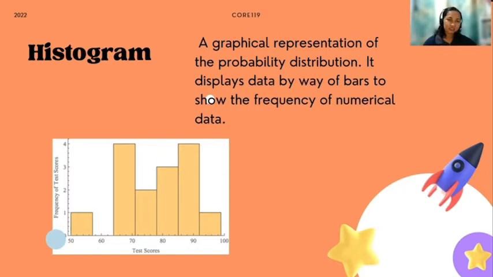So, a histogram indicates distribution of non-discrete variables, while a bar graph is a comparison of discrete variables. Histogram is more of quantitative data, while bar graph is more of categorical data only.